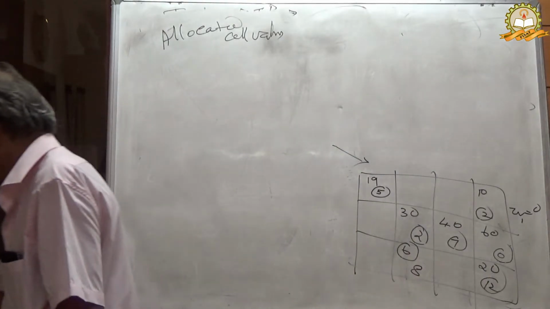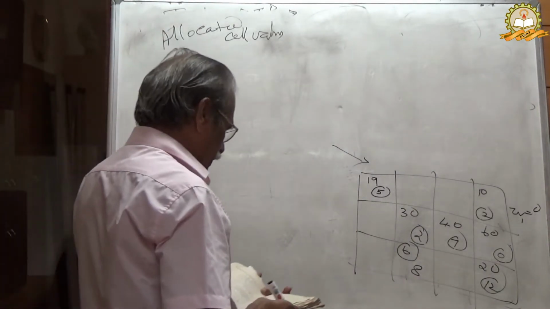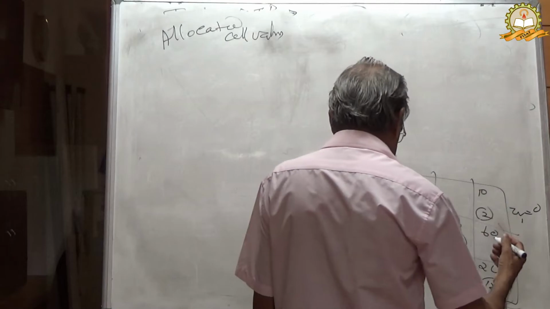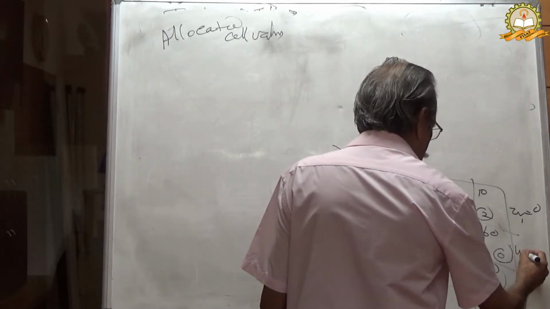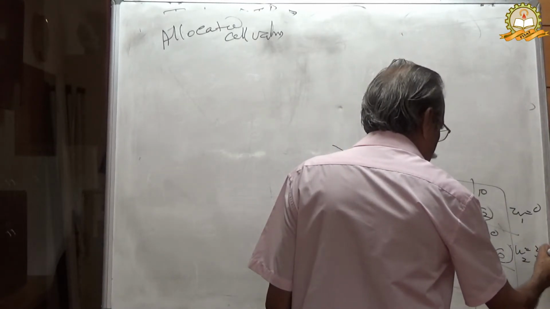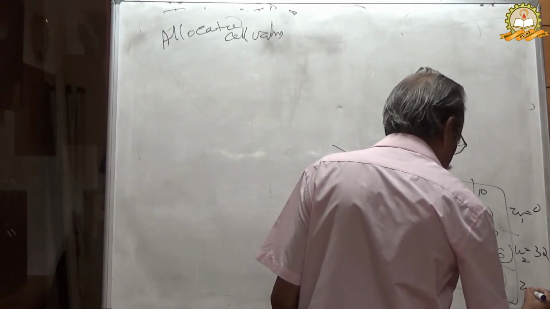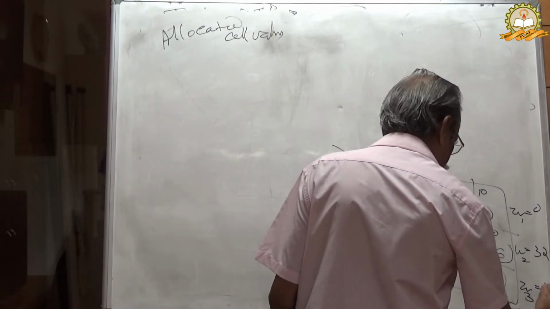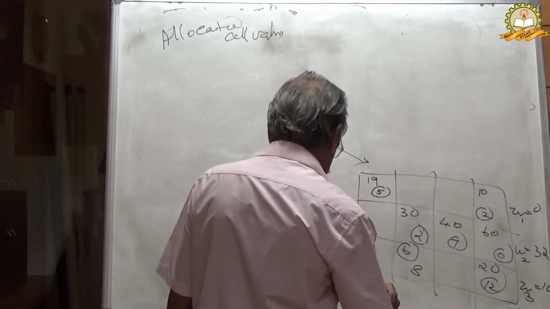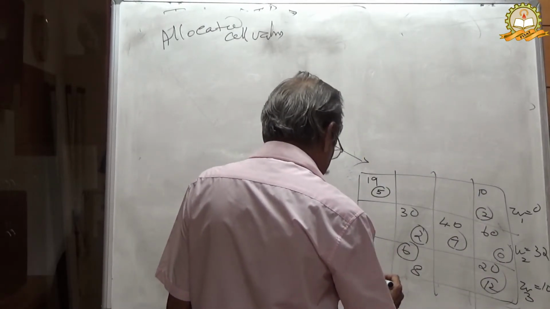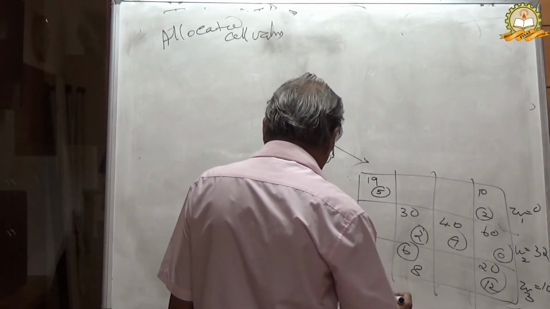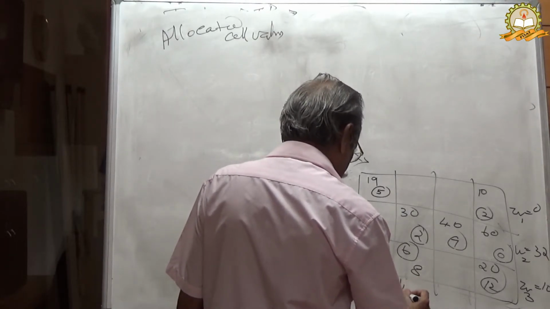u2: by the earlier steps, you will get u2 equal to 32. u3 will be 10 and v1 will be 19 and v2 equal to minus 2.